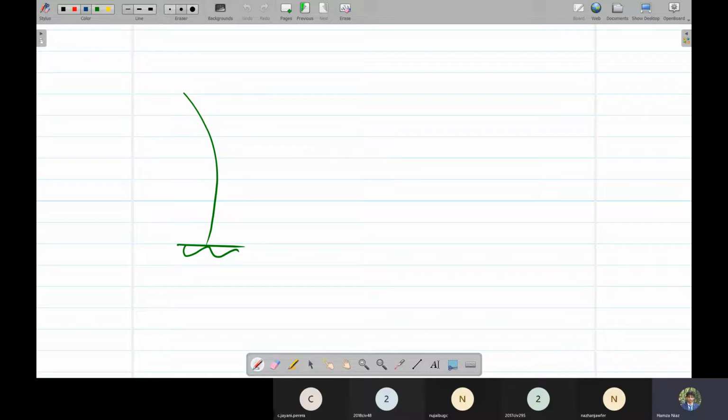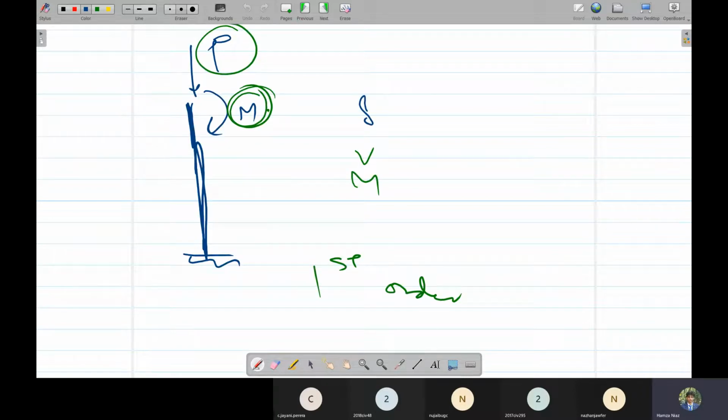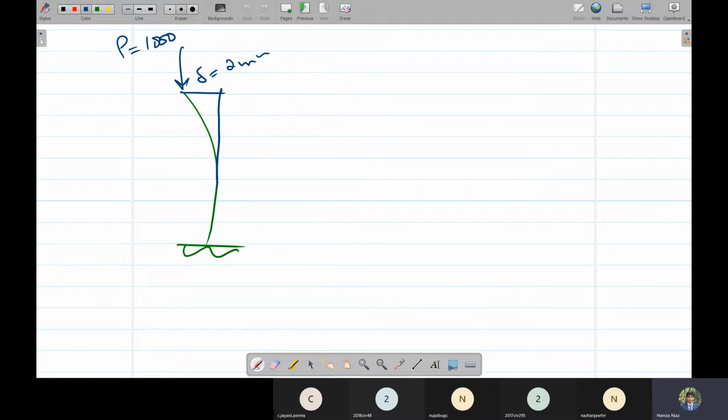But after some time, the column has deflected, and due to this deflection, this delta, the load which was initially supposed 1000 kilonewton, the deflection is 2 millimeter, and the moment was 50 supposed. Initially it was 50, but now the moment would be 50 plus 1000 into 2.